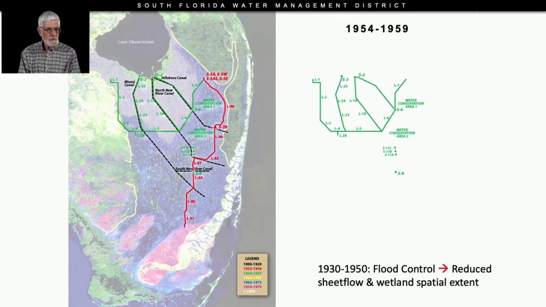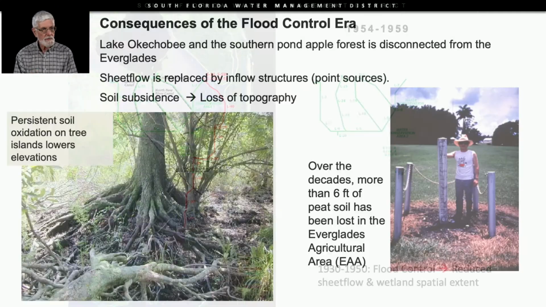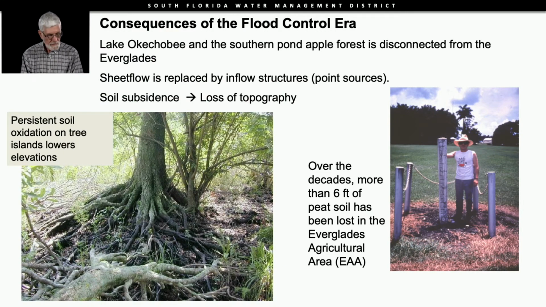So this reduced sheet flow, and it reduced the wetland spatial extent significantly, but it also did a significant change in soil subsidence, and there was a loss of topography.